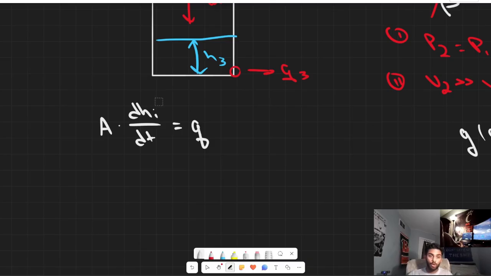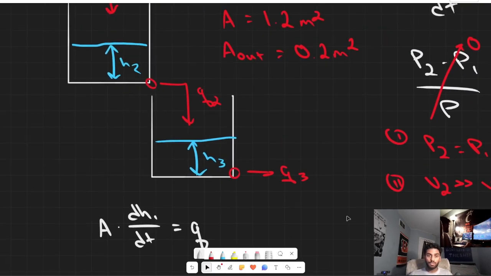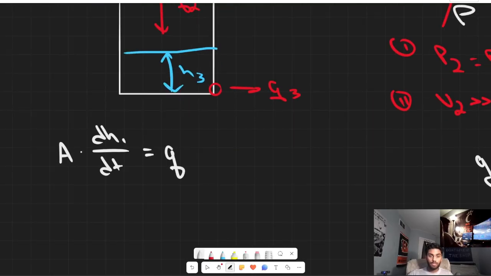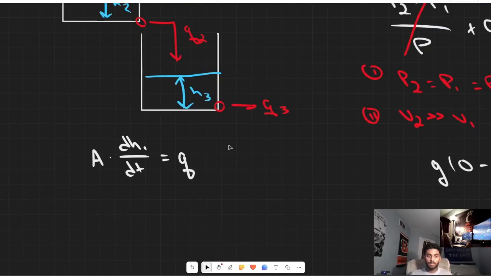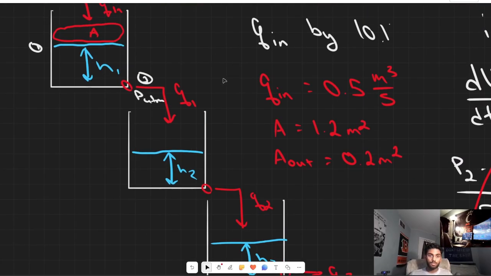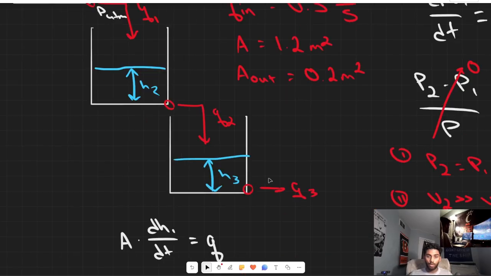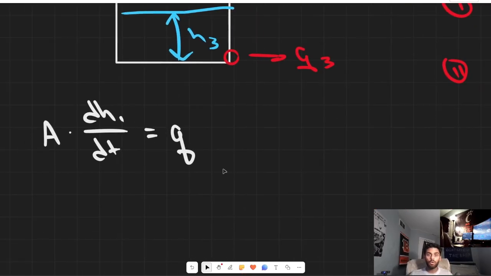Let's just say this for tank 1, just to be able to use these attributes that we've defined. So the difference in the flow rates is going to be equal to Qn minus Q1, which is the flow exiting tank 1.